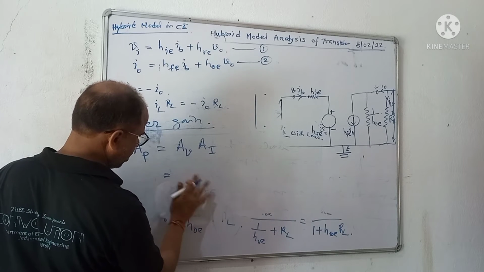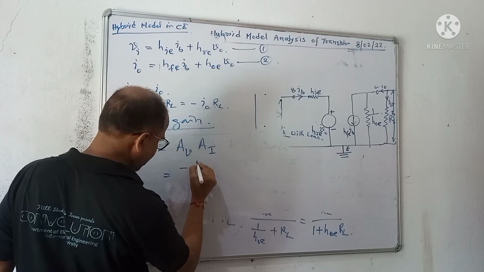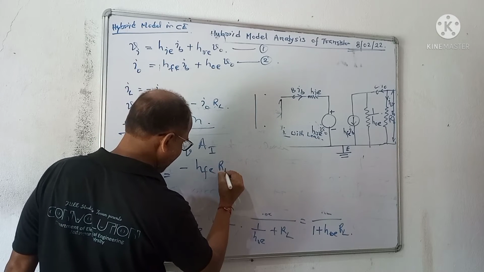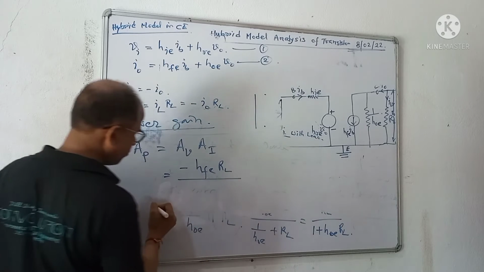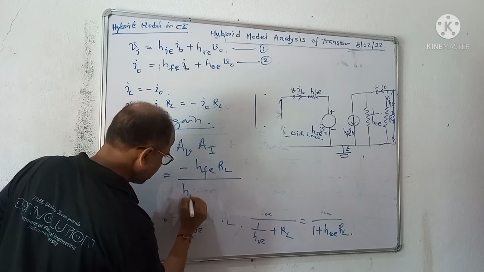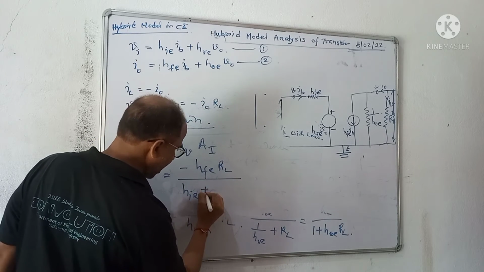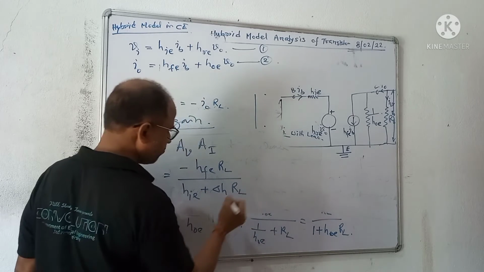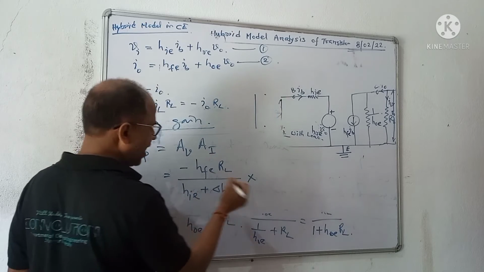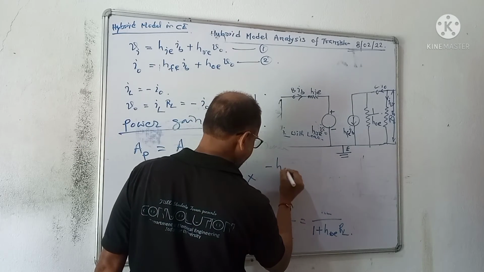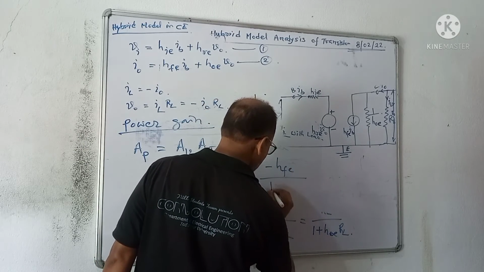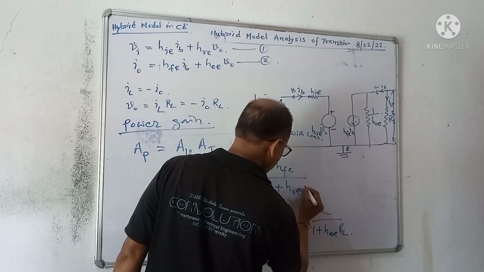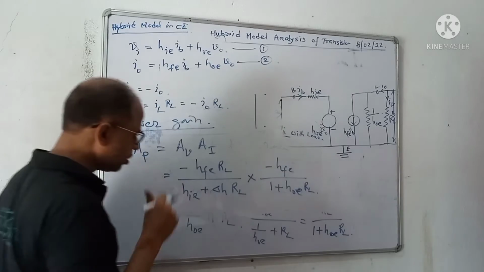Voltage gain expression is minus HAP RL by HIE plus delta H into RL, into AI, which is equal to minus HAP by 1 plus HOE into RL.